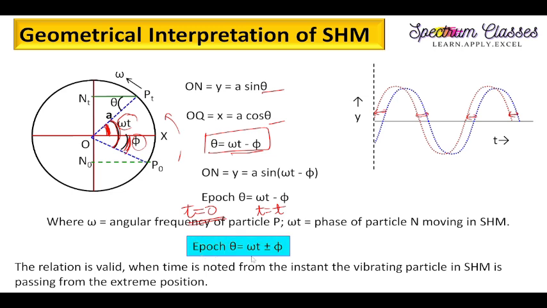And here is the relationship, and in this relationship this theta is equal to omega t plus minus phi. So this is plus minus phi, and I have written epoch at time t is equal to 0. Just because of this plus minus phi, this relation is valid when time is noted from the instant the vibrating particle in simple harmonic motion is passing from the extreme position.